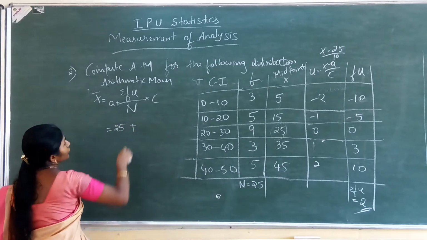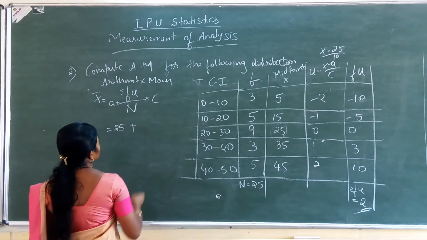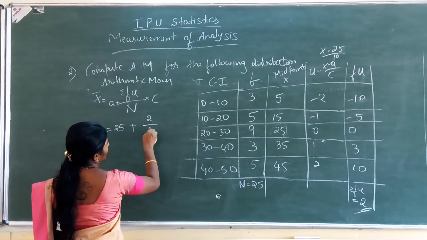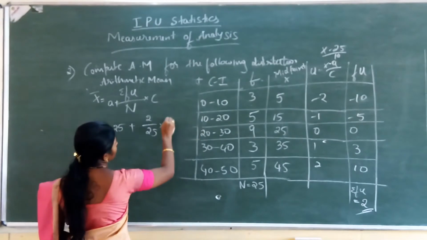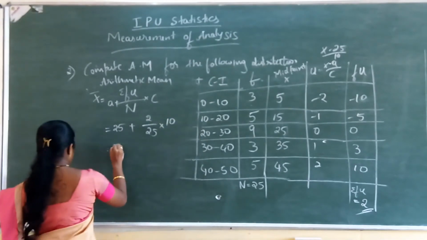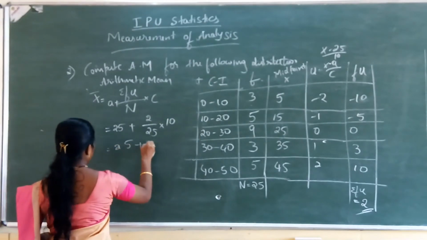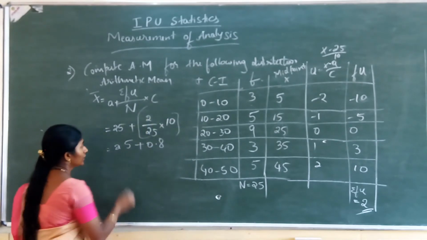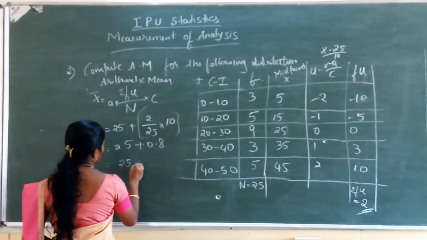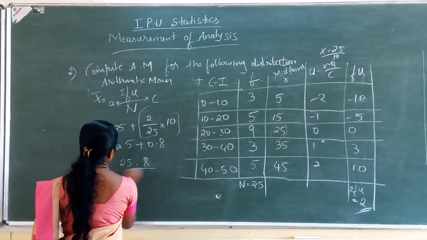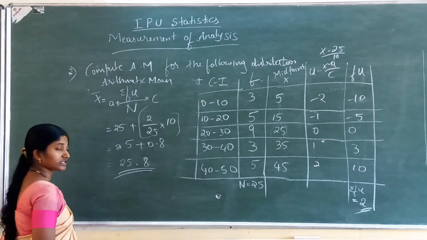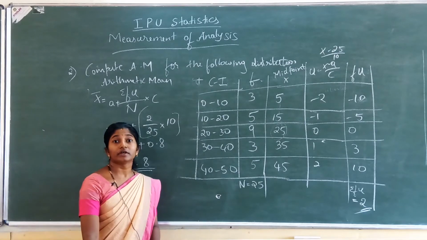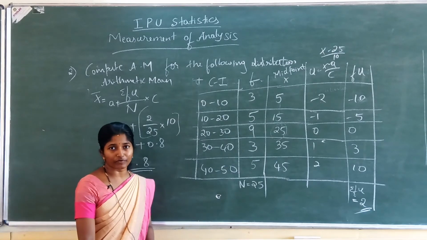We have taken 25, and the answer of sigma fu is 2. The n value is 25 and the c value we have taken is 10. So 25 plus 0.8. Calculate this, you will get 0.8. 25 plus 0.8 is 25.8. Answer 25.8.